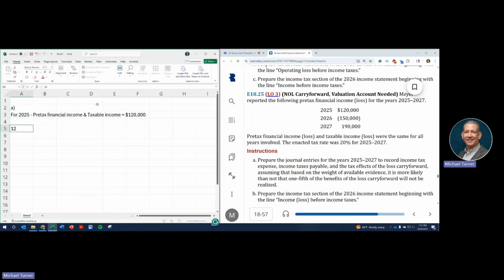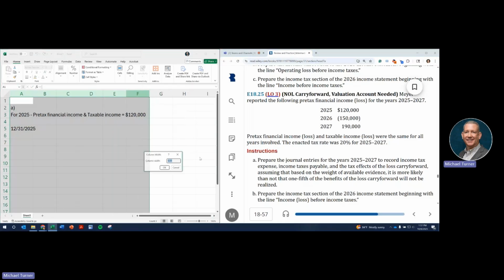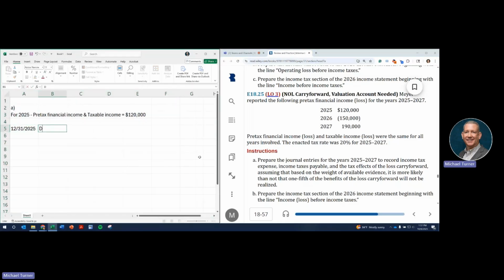Okay, so let's prepare our journal entry for A for 2025. So this would be 12/31/2025. And we'll have a debit to income tax expense, and then a credit to income taxes payable.